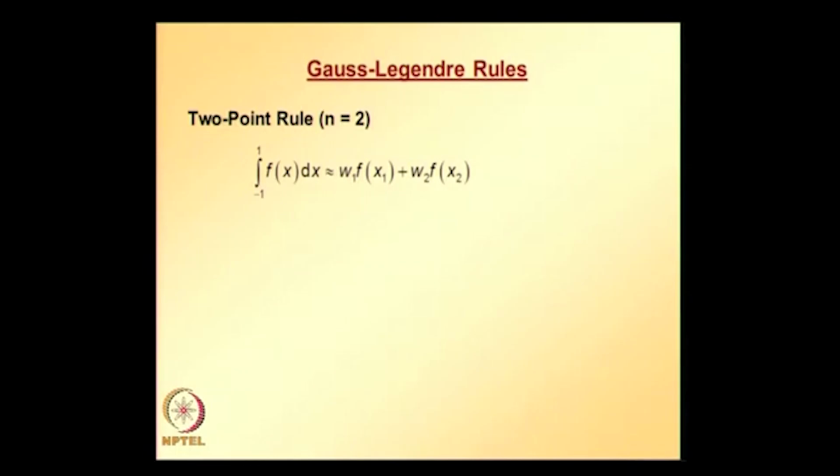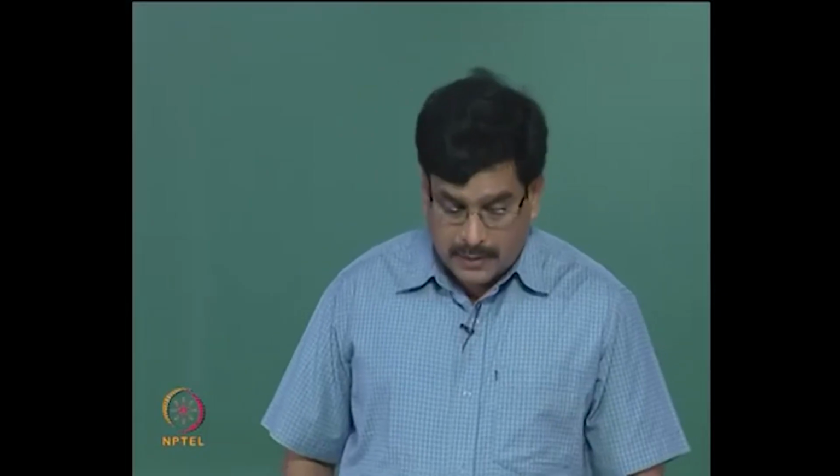So now let us understand how to get the weights W1, W2 and the locations x1, x2. Just before, I made a statement that the procedure will be clear when we take n is equal to 3, but let us look here itself at the 2-point rule, how to get these weights and locations x1, x2.